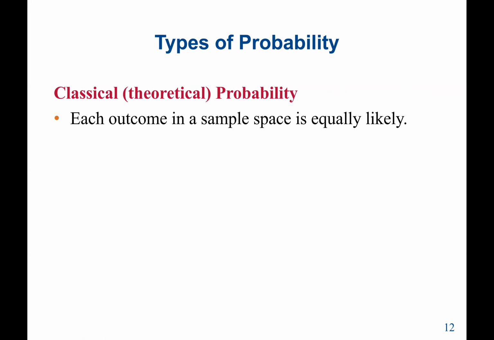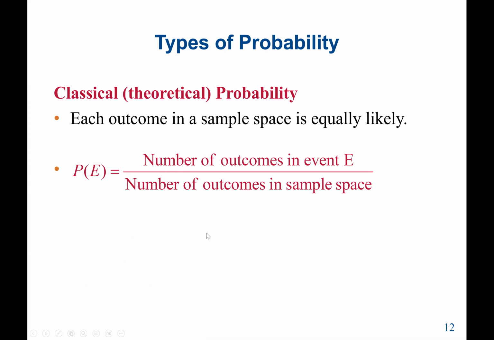Or to toss a coin, the head and tail, they all have an equal chance. So that's why here we say that the probability of an event E is the number of outcomes in event E divided by the number of outcomes in the sample space.